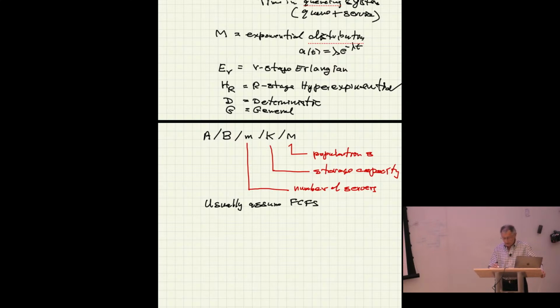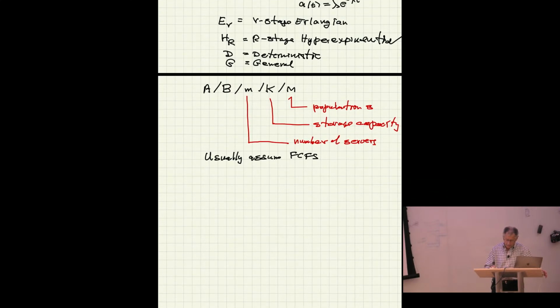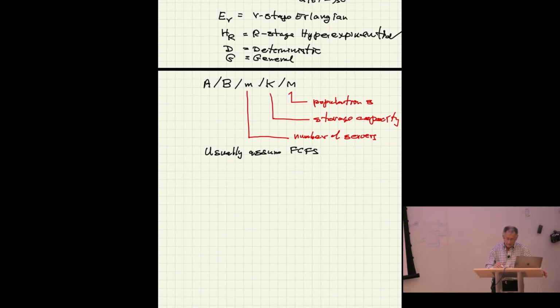Okay, so usually we only have the first 3 of these symbols right here. The other 2, if they're not there, K is assumed to be infinite and M is assumed to be infinite. So usually the default here is assume there's plenty of space and plenty of customers. But A/B/m is the place where we make some variations. Okay.